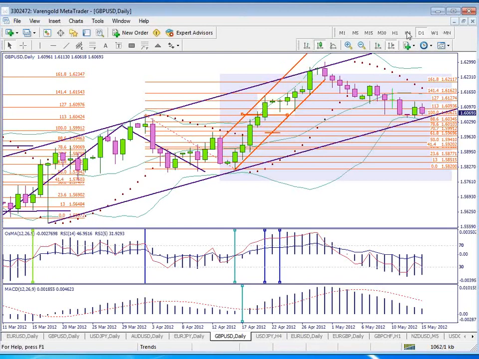But as long we are going on smaller time frame, we have more opportunities and we have to be more active into the market. Just I have some few questions.